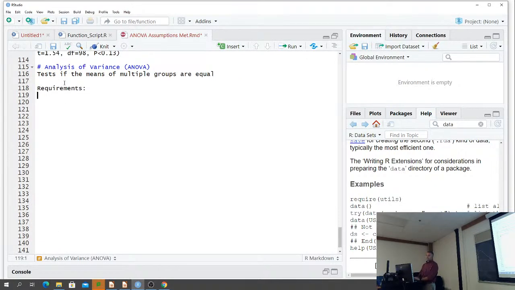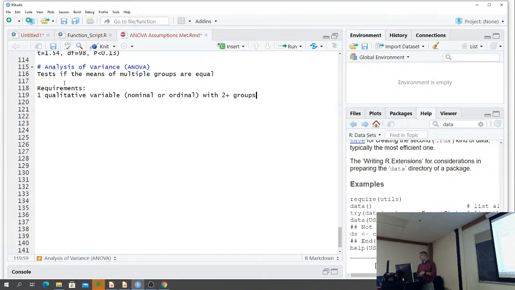Requirements. One qualitative variable. So nominal or ordinal can work. And we can have two or more groups inside of that categorical variable. We can have 20. We've done that.